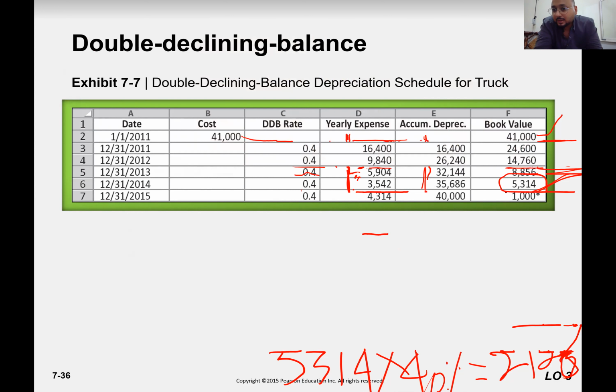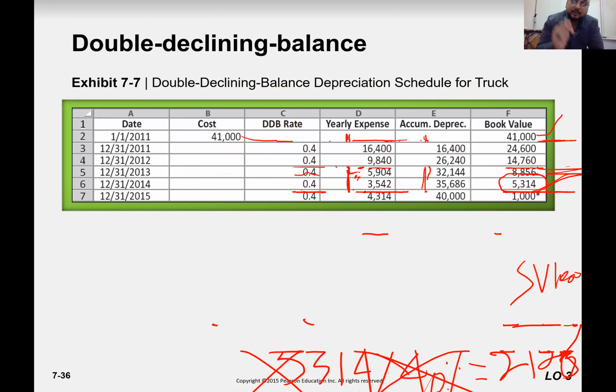So the fifth book value is going to be the salvage value 1,000. So simple. On the last year, we do not multiply this with 0.4, we just subtract it. So here 5,314 minus 1,000, answer is going to be 4,314.